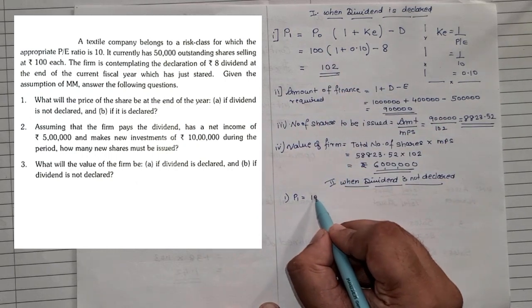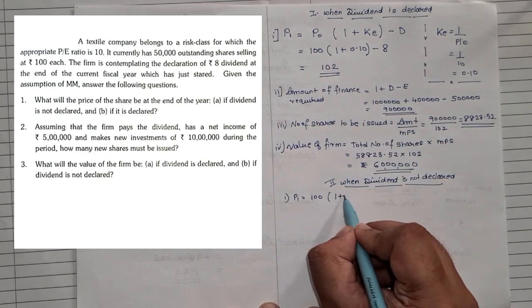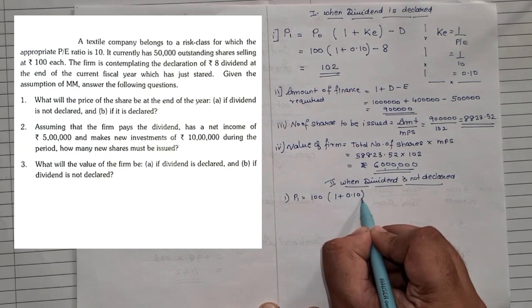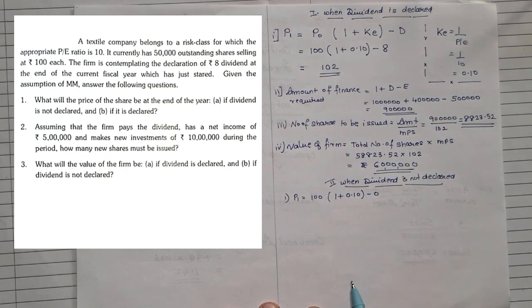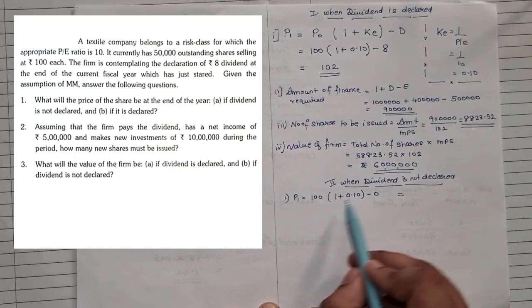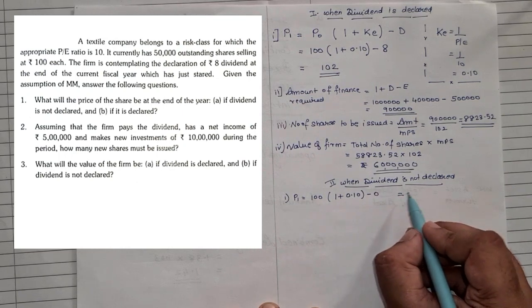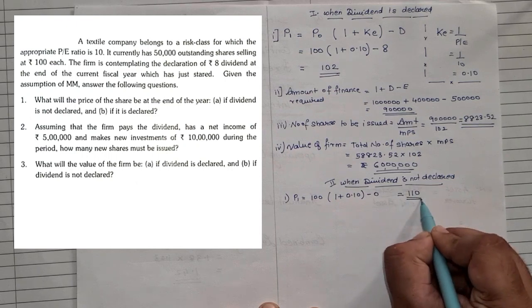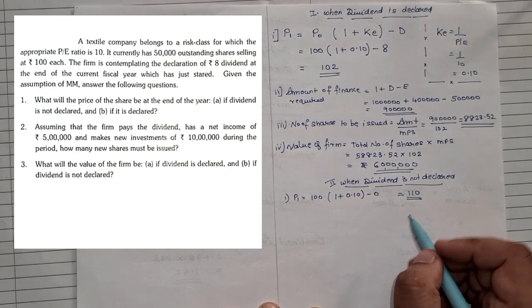P0 is 100, 1 plus KE is 0.10. Dividend will now be 0 because we are not declaring any dividend. Since you don't have any dividend, it will be 1 plus 0.1, that is 1.1 into 100, so that will become 110. So my price is 110 as per Modigliani Miller method.